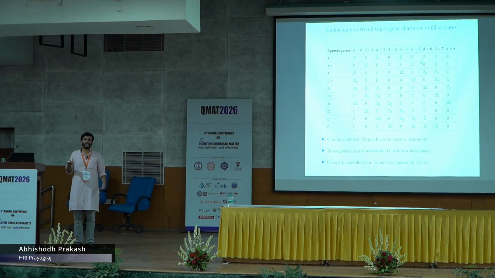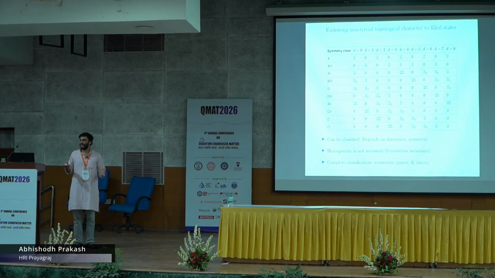So a monumental achievement of this program is that one can actually classify the different ways in which we can have topological characteristics for a band, and this table encompasses this information: in a certain dimension, for a given symmetry class, how many distinct ways can we have topological character for a band.